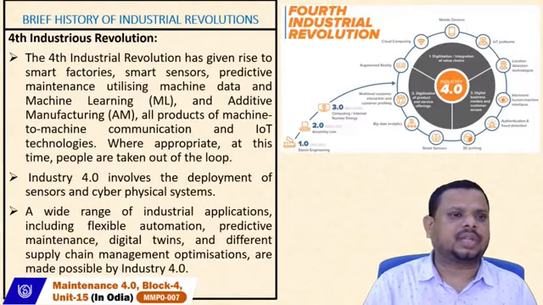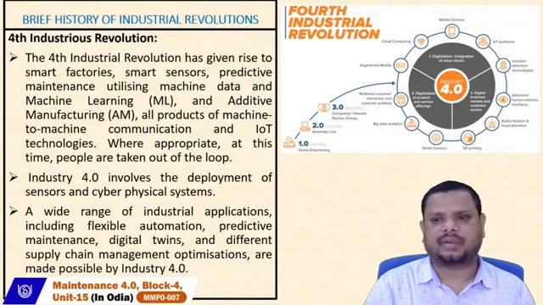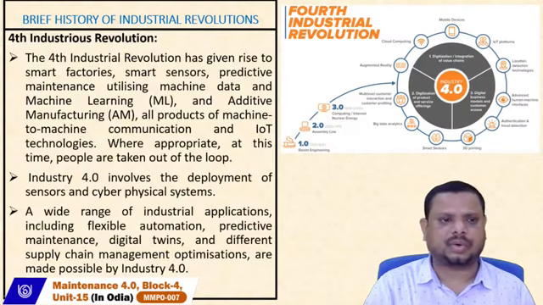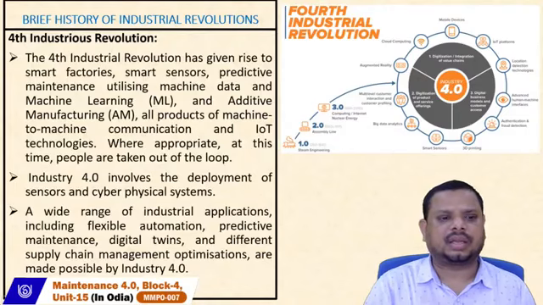The next one we have is known as the fourth phase, which gives rise to smart factories. This fourth phase of Industry 4.0 is dedicated only to smart factories, which enable smart sensors, predictive maintenance utilizing machine data, machine learning, additive manufacturing in the form of 3D printing, all products of machine-to-machine communications, IoT or Internet of Things technologies, and where appropriate at these times, people are taken out of the loop.